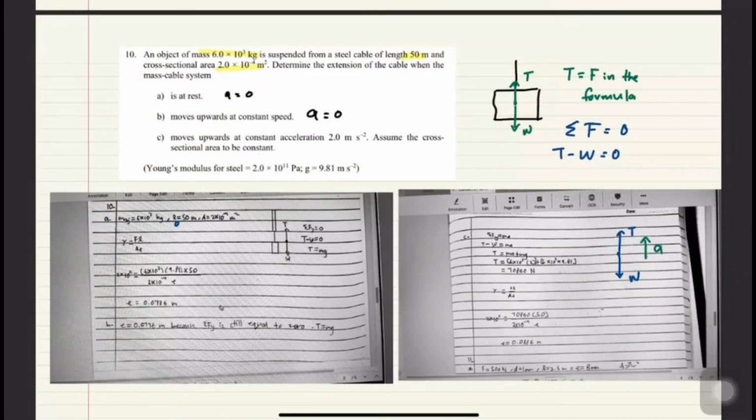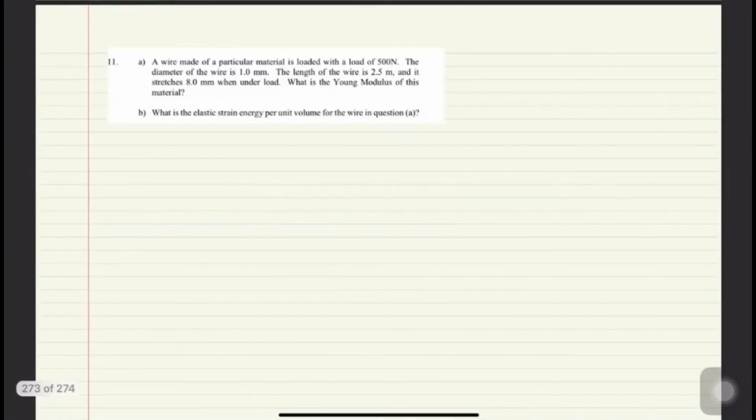So, moving on to the next question, which is question number 11. Sir, saya punya jalan kerja saya share dekat Telegram. Saya dah share dah. Ada. Okay, save. Lepas tu forward. Okay.